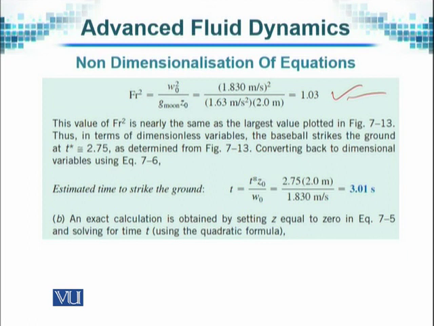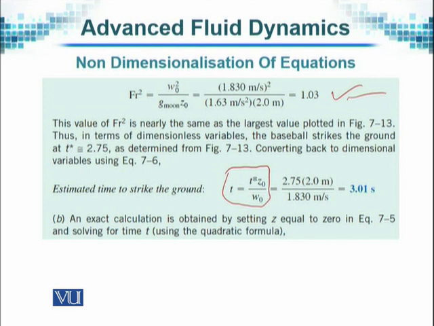Thus, in terms of dimensionless variables, the baseball strikes the ground at t star equal to 2.75. From the graph, we will see that it takes about 2.75. We cannot attach seconds to it because t star is supposed to be dimensionless. Now, converting back to the dimensional variable, the scaling ratio for time is this.